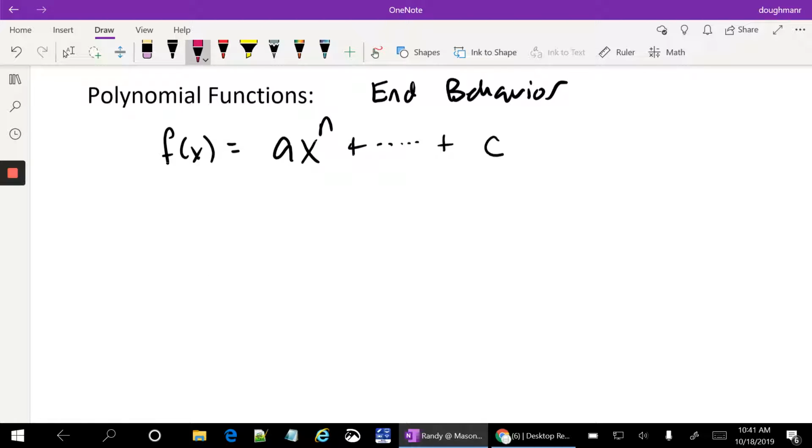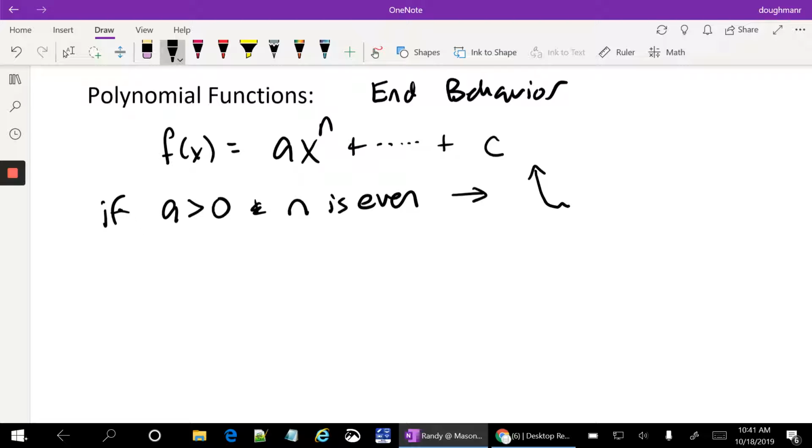First off, if a is positive and n is even, then the graph is going to look something like a quadratic.